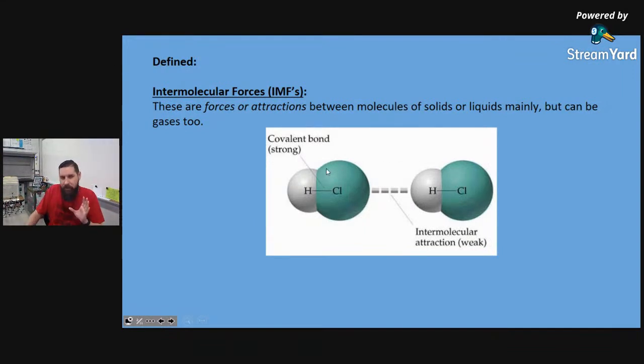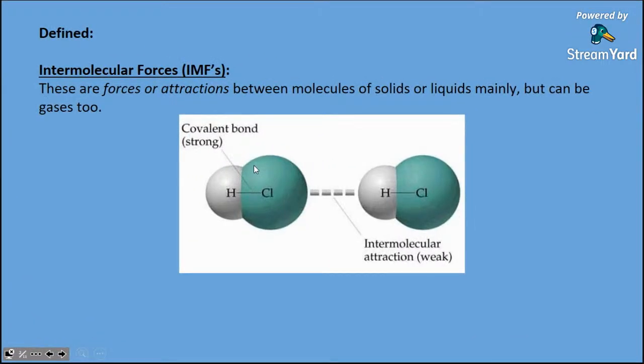Look at this image I've got on the screen. When we look at this molecule of HCl, or hydrochloric acid, the bond between the hydrogen and the chlorine is a covalent bond. That is what we'd refer to as an intramolecular force. If you look at the electronegativities of hydrogen and chlorine, you would find a significant electronegativity difference.